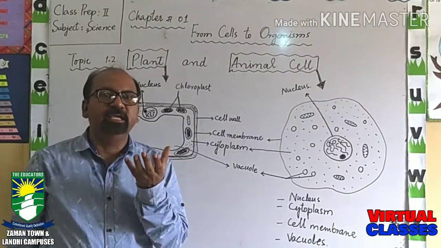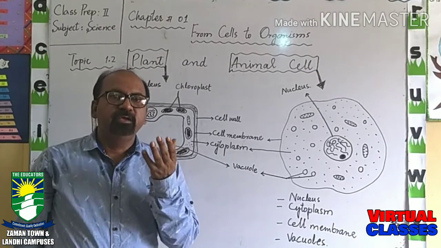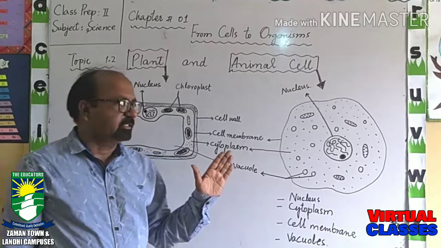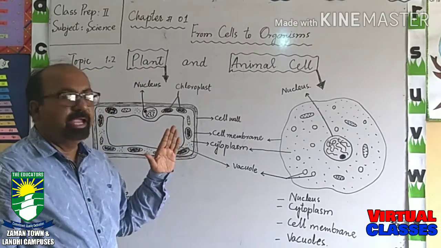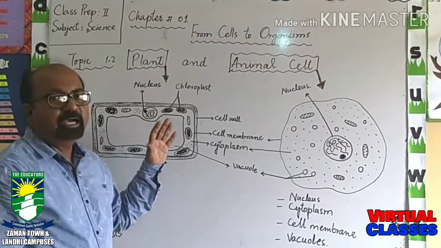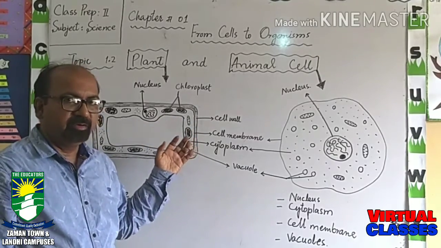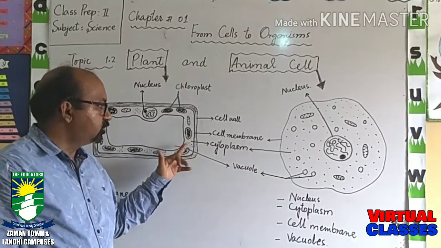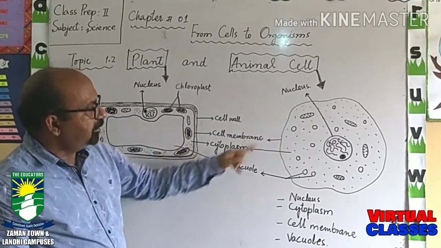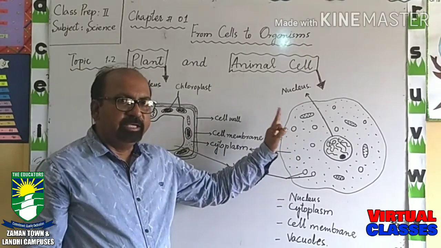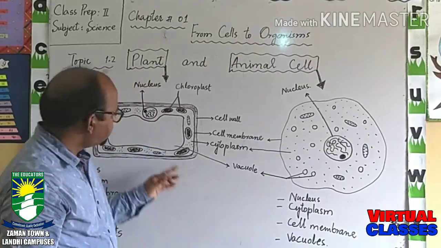Cytoplasm is a jelly-like substance in which all the organelles are embedded, in which all the organelles are present. Okay? I hope you have understood what is cytoplasm. When we will discuss this one, then definitely it will be clear to you.